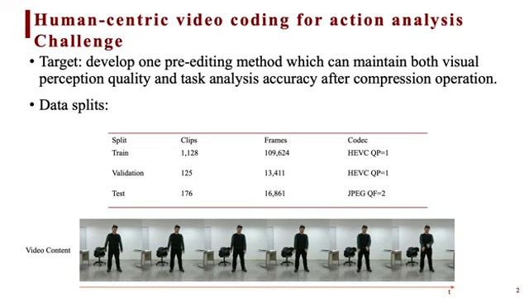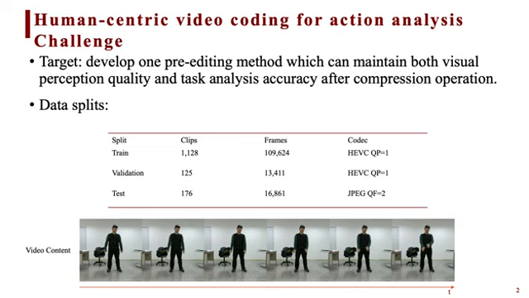For the data splits, we have 1,128 clips for the train split, 125 clips for the validation, and also 176 clips for the test split.